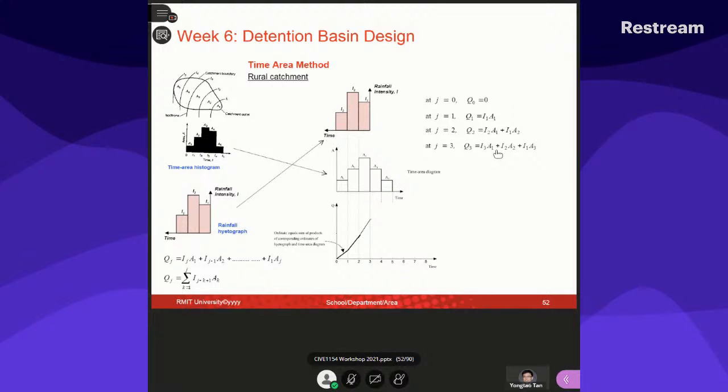It means for time T3, the total runoff is this one, with the three areas contributing. At time T4 also, the three areas are contributing. Which three areas? A2, A3, A4. A1 here is not contributing to the runoff because there's no rainfall on A1.